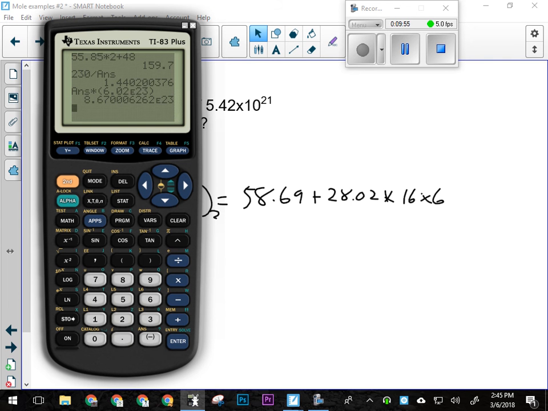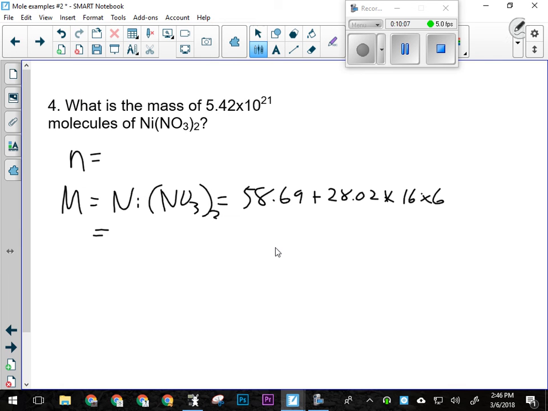So 58.69 plus 28.02 plus 16 times 6. That gives 182.71 grams per mole.